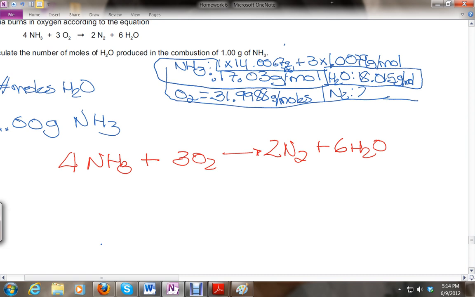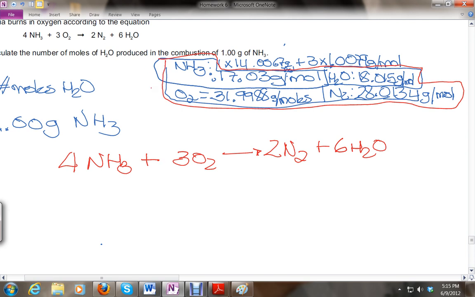That's going to be 28.0134 grams per mole. So now we got those molar masses ready to start. Please don't forget to do that. It's going to save you so much trouble, believe me.